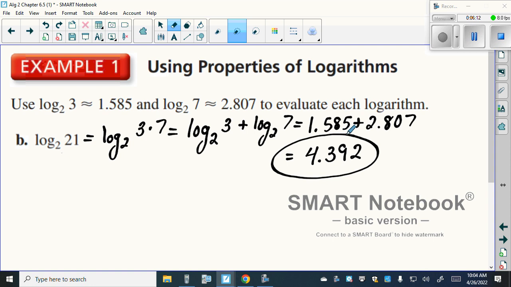And if you tried typing it in the calculator, you do get something close to this, but it has a lot more decimal places, because these values for log base 2 of 3 and log base 2 of 7 are approximations. They're not the exact value. Questions on any of this? We good with this so far?